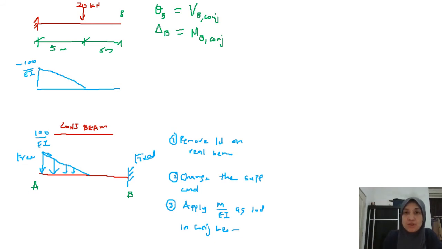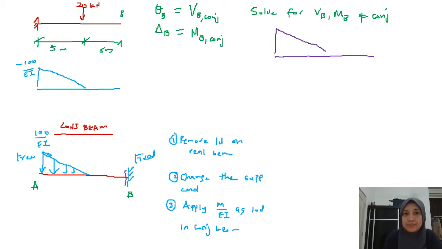So in order to solve for shear at B and moment at B for your conjugate, you need to determine where. Say I want to find the slope and deflection at B. What I need to do is cut at B just to the left of the support, and then equate the shear force and bending moment at point B. So this is how my load is.